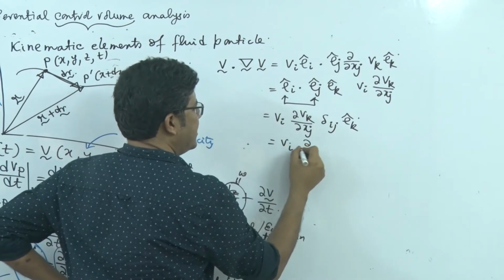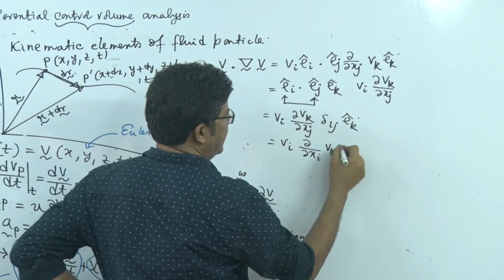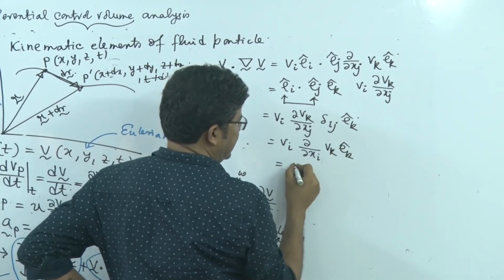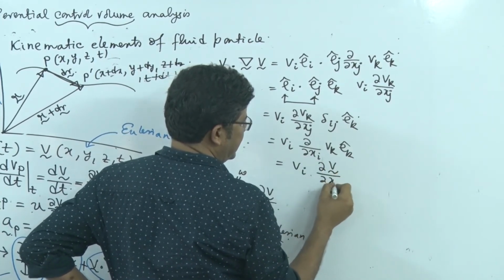So vi del del xi vk ek, and vi del del xi, you see this is vi del of vector v del xi.